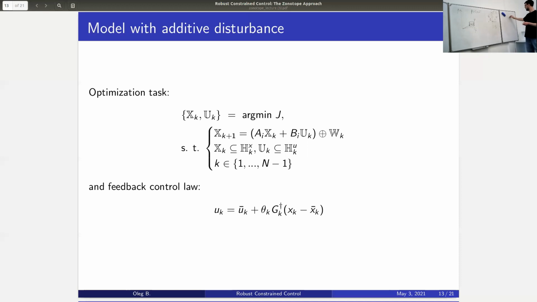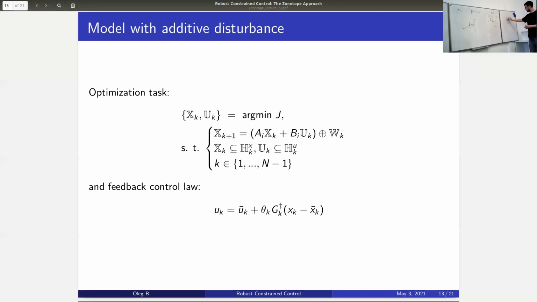For example, if you have a zonotope in this form, you can find another zonotope that contains it and has minimum volume.